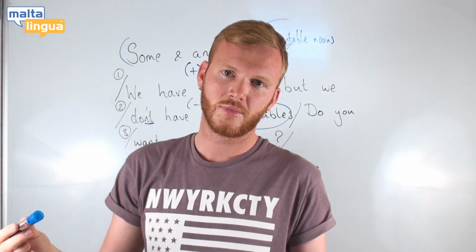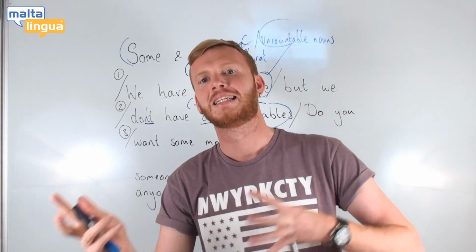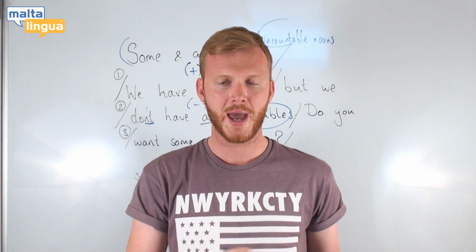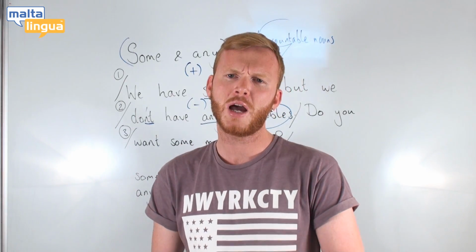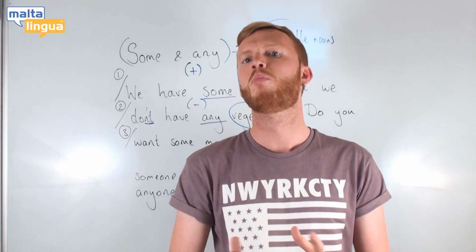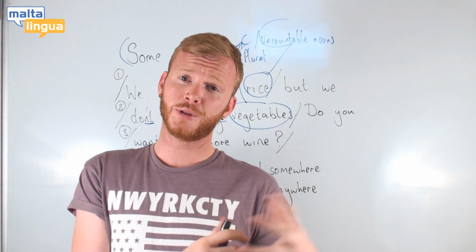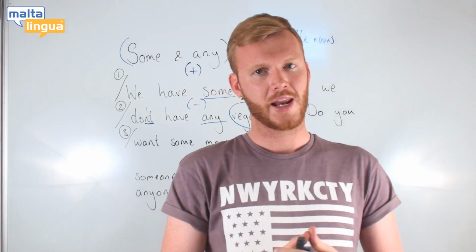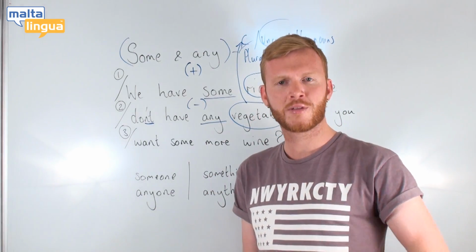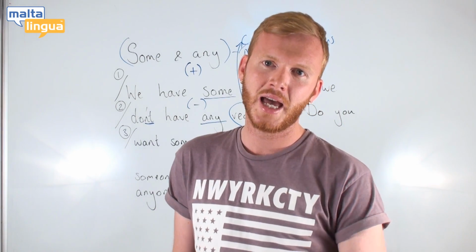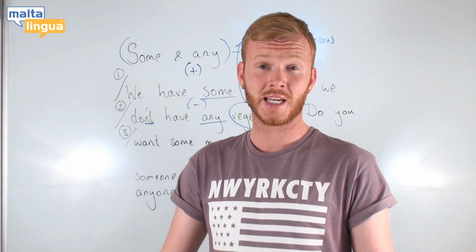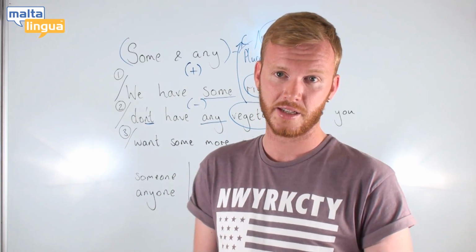But as English goes, sometimes those rules bend, so be careful. But I would say some more with an uncountable noun, and any with countable. But remember that the choice of any is when the meaning of the sentence is generally negative.